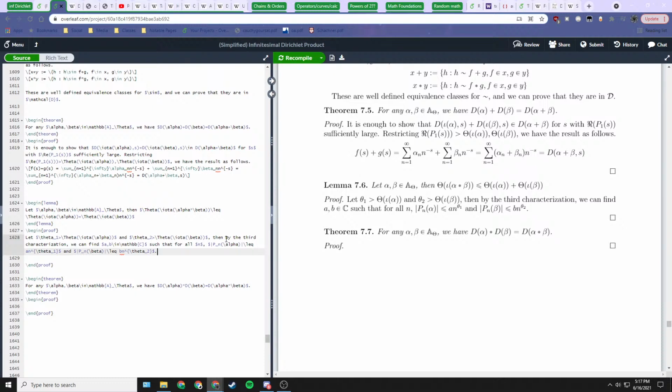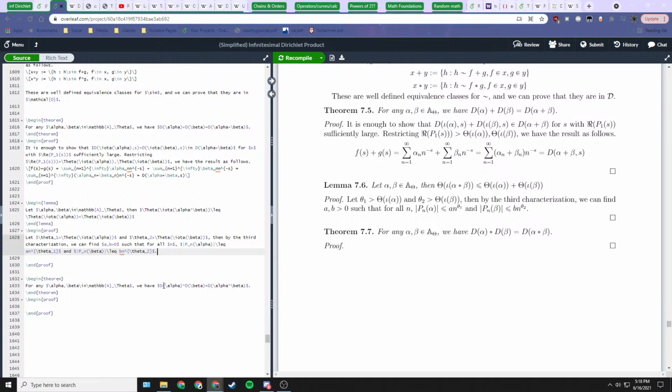Right, so theta 1 greater than capital theta of alpha, theta 2 greater than capital theta of beta. Then we find these bounds. So in this case, we can take A and B, actually they don't even need to be in the complex numbers. We can just say these are A, B greater than 0. Although I think we maybe don't need this. Yeah, no, we do. So we find A, B greater than 0 such that for all n, the absolute value of P n alpha is less than or equal to this, and P n beta less than or equal to that.